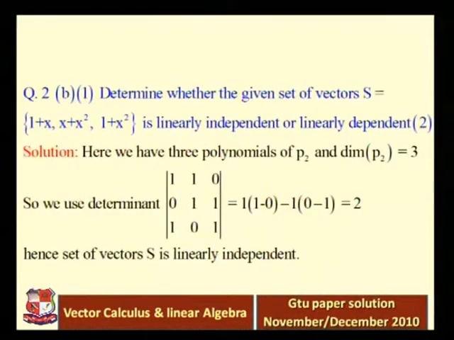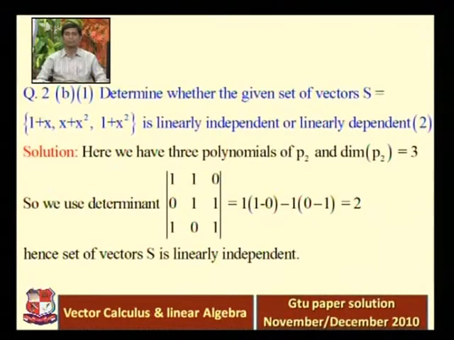Now you can easily find the value of that determinant. It is equal to 1 into (1 minus 0), minus 1 into (0 minus 1), plus 0 into (0 minus 1), so that is equal to 2.